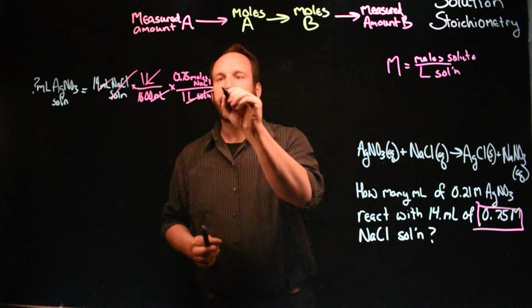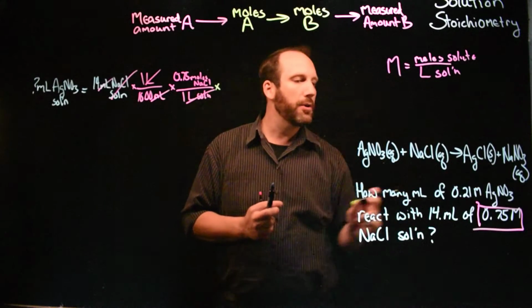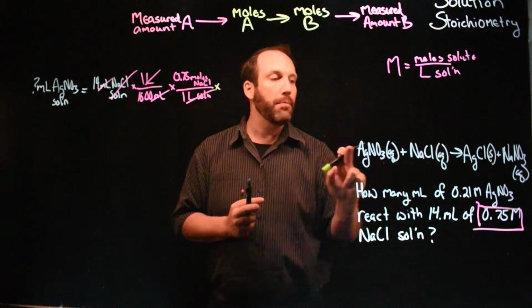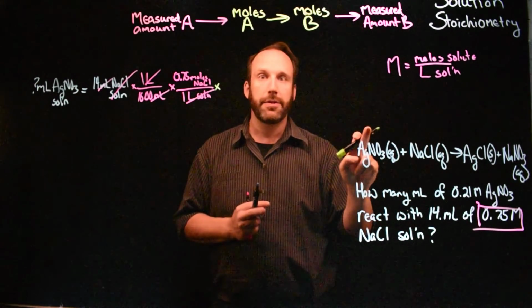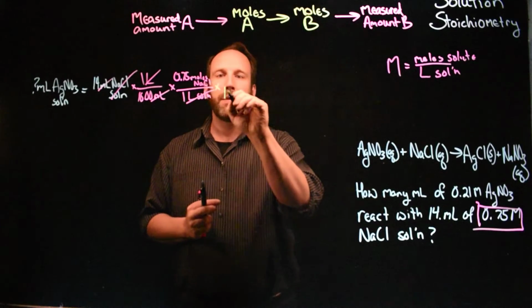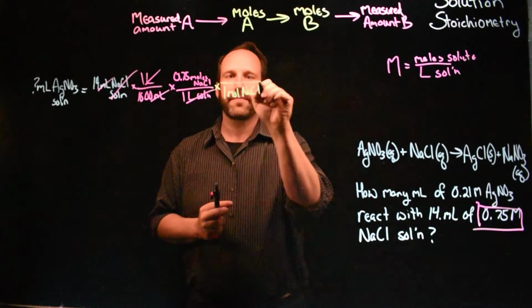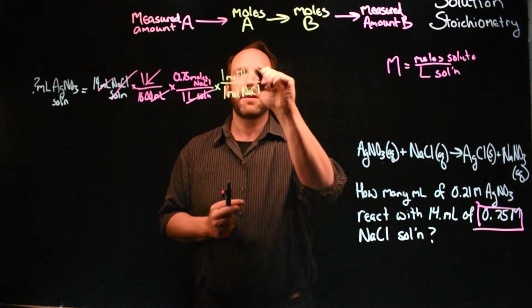So our next step then is to do a mole to mole conversion. Well, the kind of nice thing here is that everything just has a 1 in front of it. So 1 mole of NaCl reacts with 1 mole of AgNO3. So we can say 1 mole of NaCl, 1 mole of AgNO3.